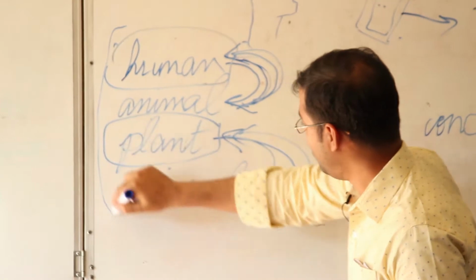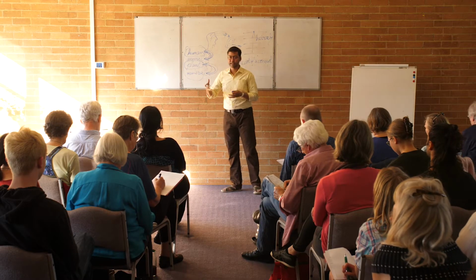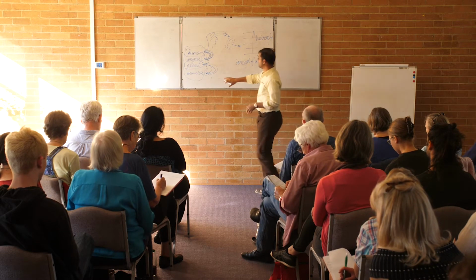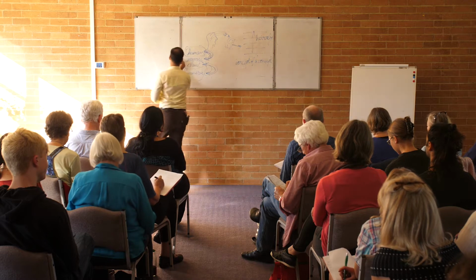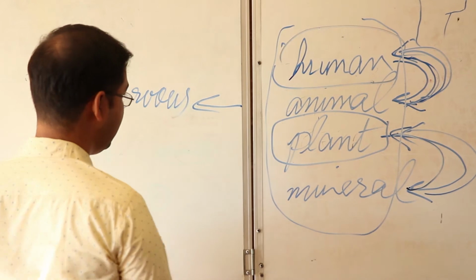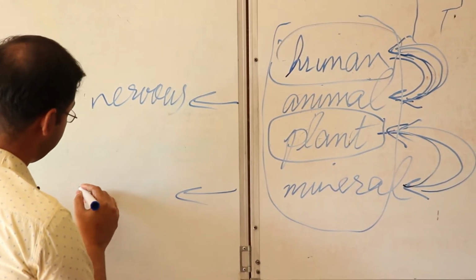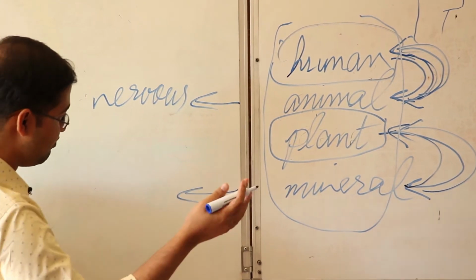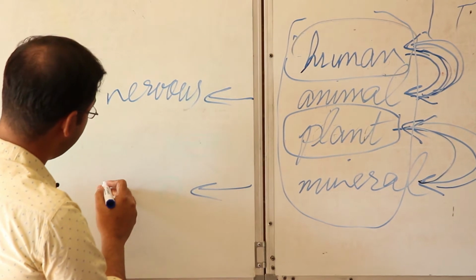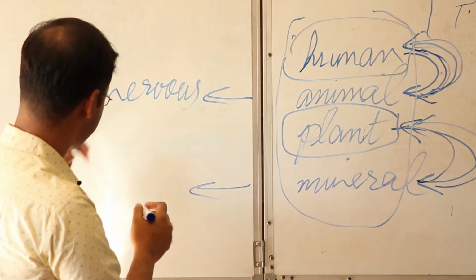So if you look at it as a whole, when you are building technology by keeping in mind only the nervous system which we share with the animals and the mineral system which we share with the minerals basically, this is more going to be the skeleton, let's say.